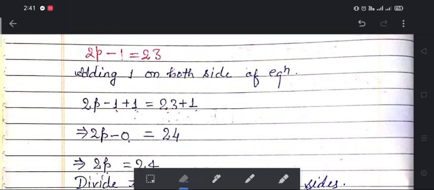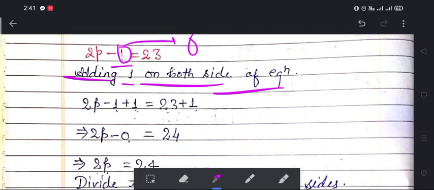As we can see in the question, here 1 is subtracted from 2p, that is, 1 has a minus sign. So in order to make this 1 as 0, we have to add 1 on both sides of the equation.